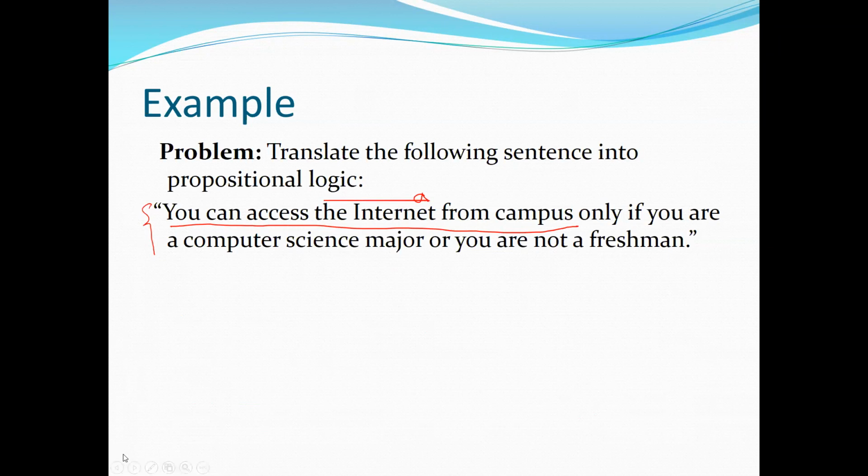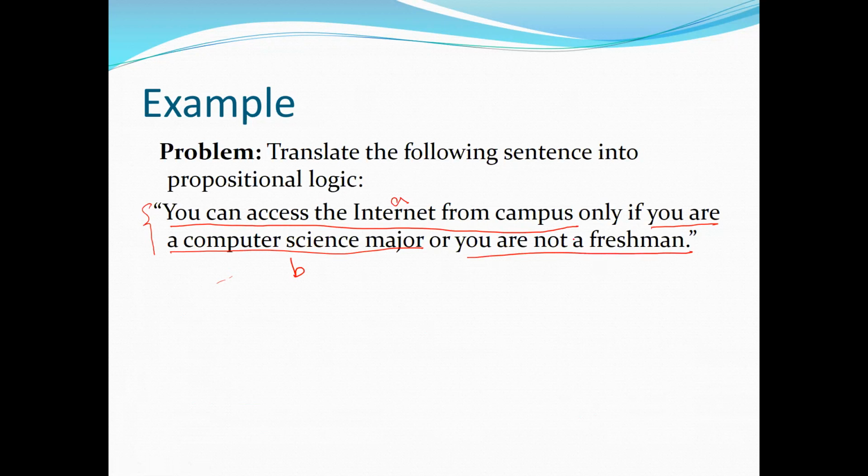So just give me 1 minute. Let me erase this. Okay, so let's represent it with A, right? Then another atomic proposition could be you are a computer science major. Let me call it B, for example, and then you are a freshman.